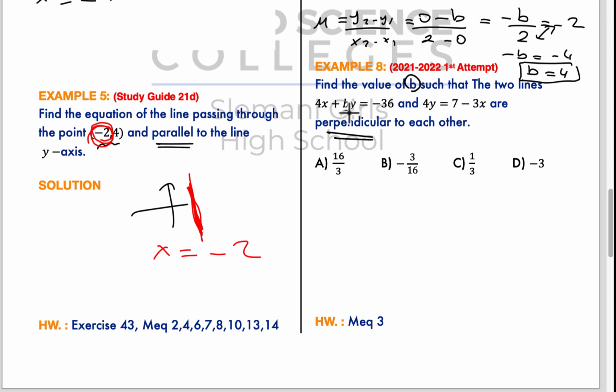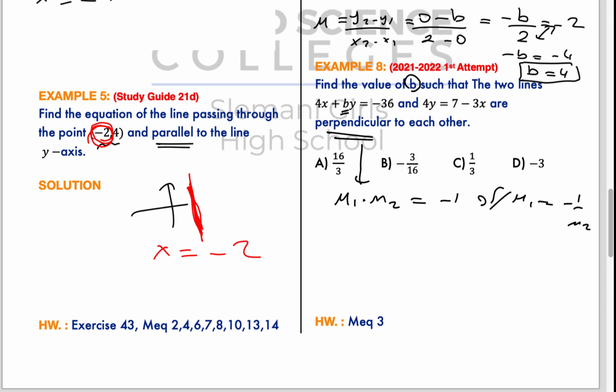I am asked to find this unknown. So what is the first thing to do? If I know that they are perpendicular to each other, I know that their slopes are opposite reciprocals, which means m1 is equal to negative 1 over m2. In other words, m1 times m2, the product of the slopes, is equal to negative 1.